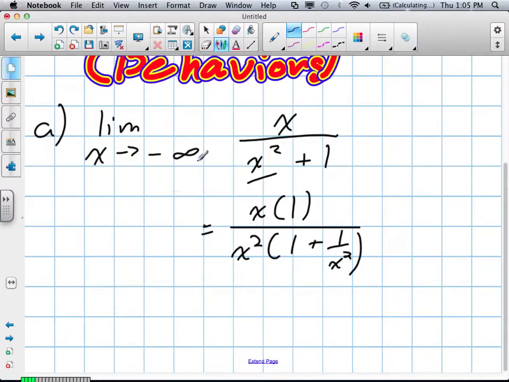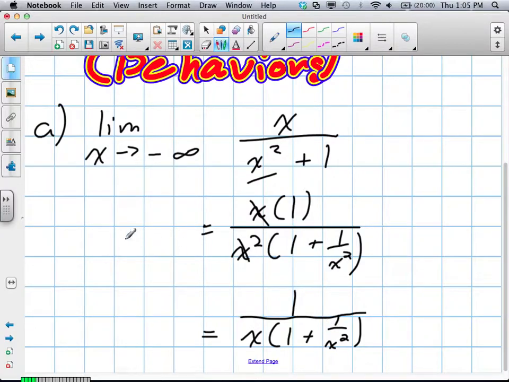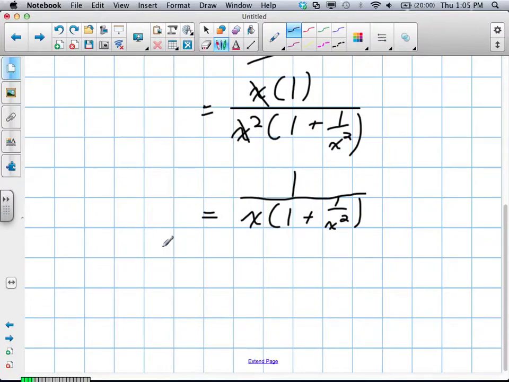We're still trying to find the limit of all this. Well, this x will cancel out. We'll be left with just an x on the bottom. I have 1 over x times 1 plus 1 over x squared. Here's where we're going to start to plug in our limit. Normally they use proper notation, where they apply the limit to any value of x in this question.